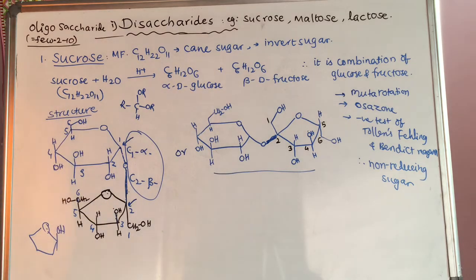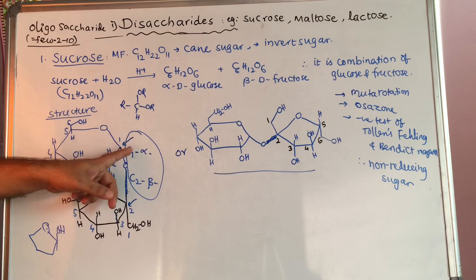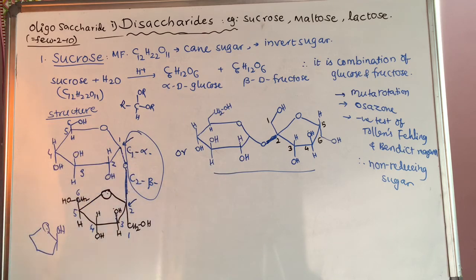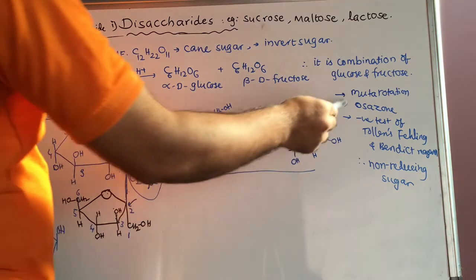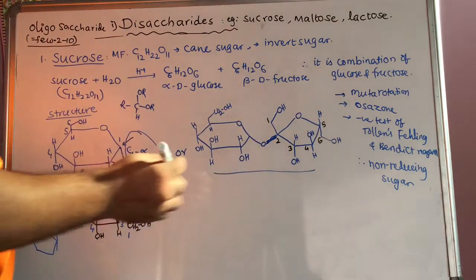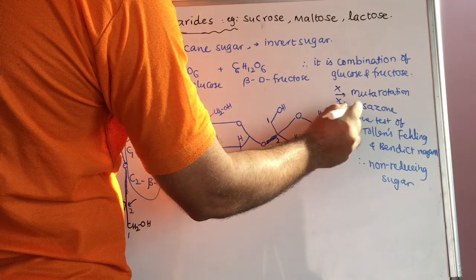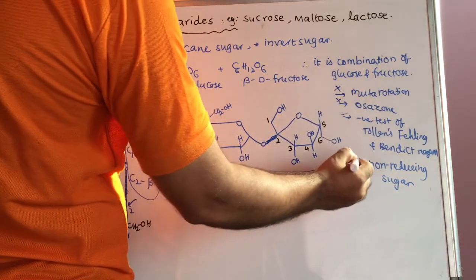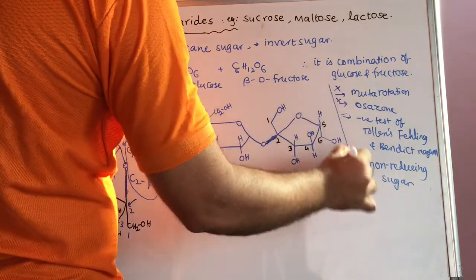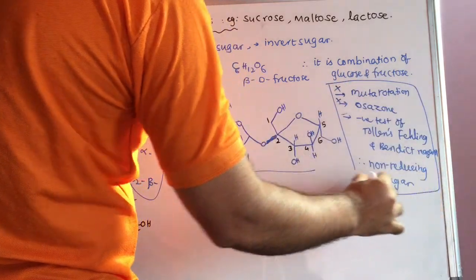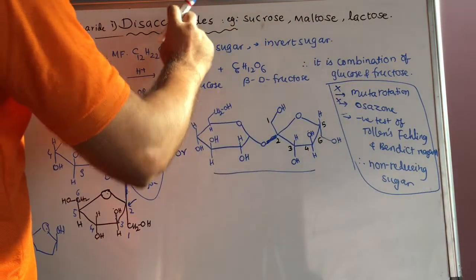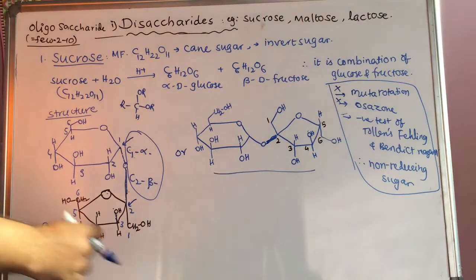For competitive exams, the very important points are C1 alpha linkage and C2 beta linkage, and these negative tests. It is a non-reducing sugar. In our syllabus, only one disaccharide is a non-reducing sugar.